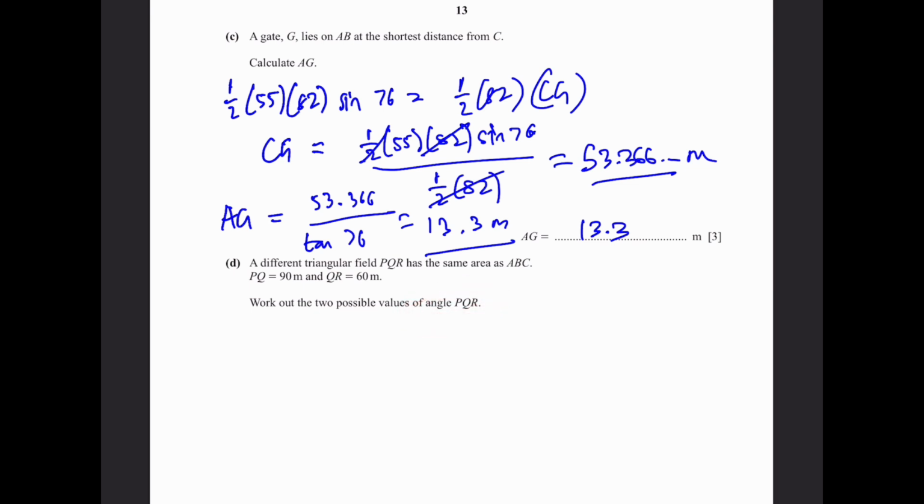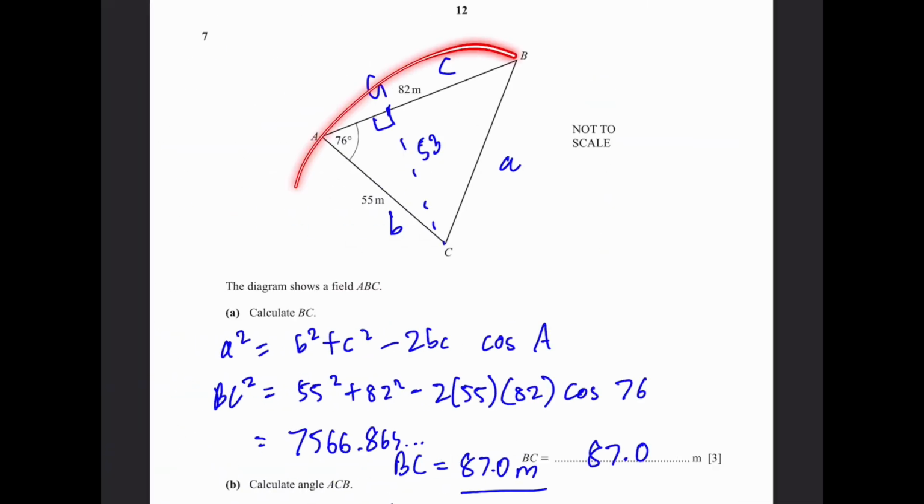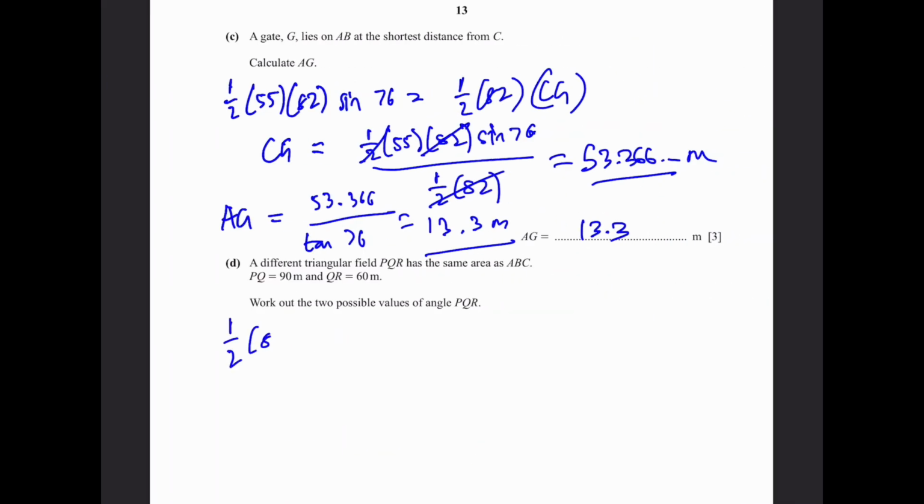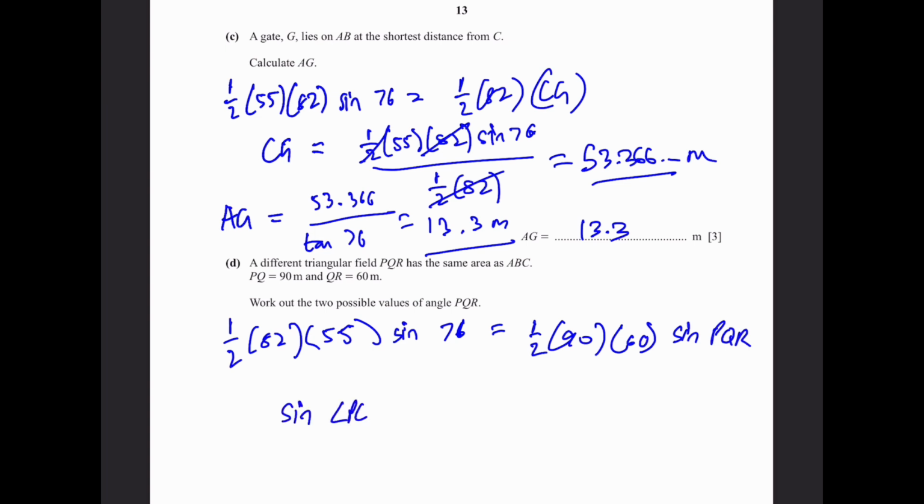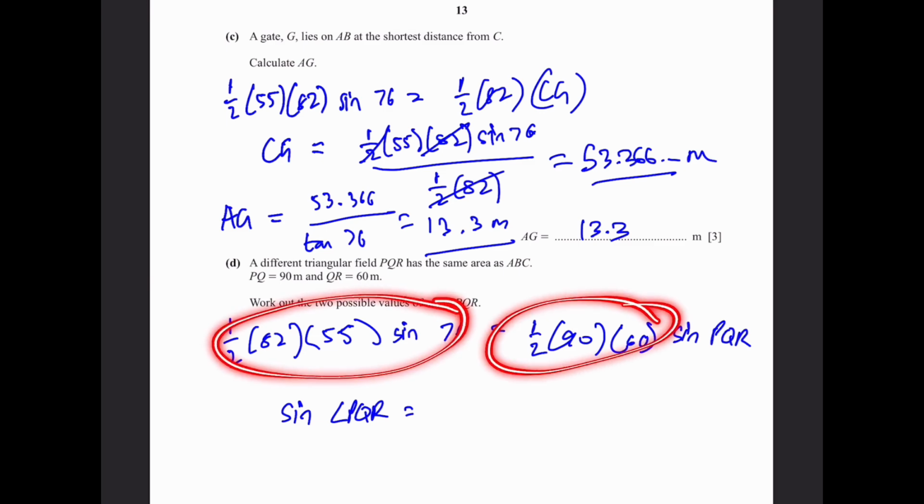So the area of the triangle we have already is half AB sine C, right? Using half times 82 times 55 times the sine of 76. And that's going to be equal to half times 90 times 60 times the sine of the angle PQR. So sine of angle PQR is going to be equal to this whole thing divided by this.